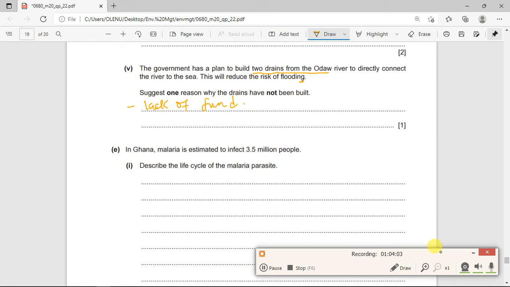Another reason can be lack of technology know-how, knowledge on how to do it. Another reason can be flooding does not last that long.